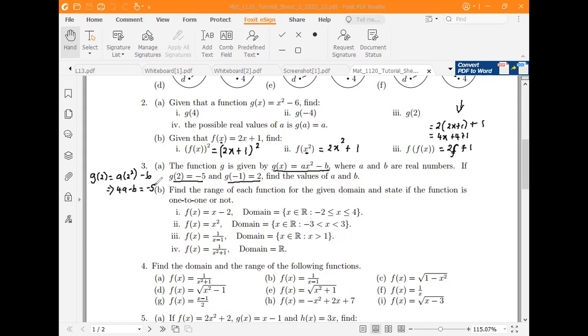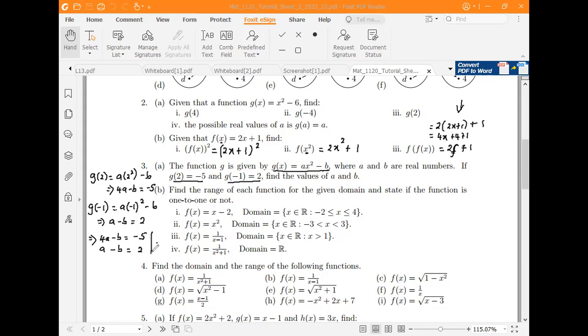The other one, g of -1, that is a -1 squared minus b. So this is a minus b, and equate it to +2. So now we have two things. We have 4a minus b equal to -5. We also have a minus b equal to 2.